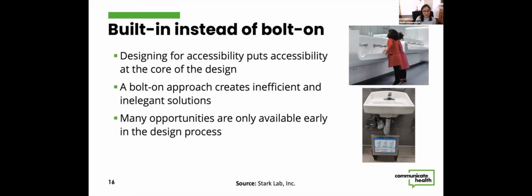A bolt-on approach creates inefficient solutions. For example, people who use wheelchairs wouldn't be able to use the step stool to access the sink. So using a built-in approach really allows us to identify the best opportunities, and often these options are only available early on in the design process.